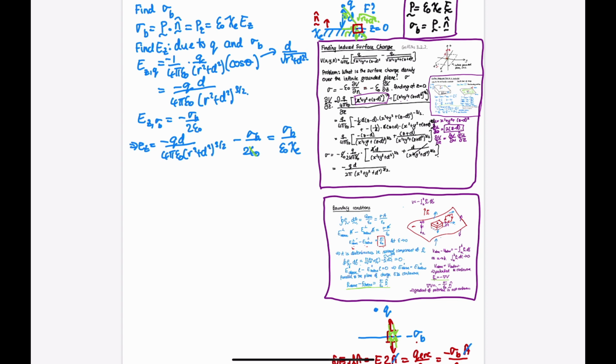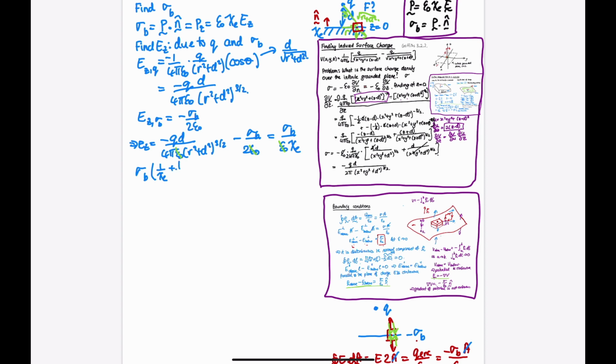We can cancel out each of these epsilon naughts, and then we'll gather all the sigma B terms together. So we've got 1 over chi E plus 1/2, and that is equal to minus QD over 4 pi times R squared plus D squared, that's a bit messy, to the 3 on 2.